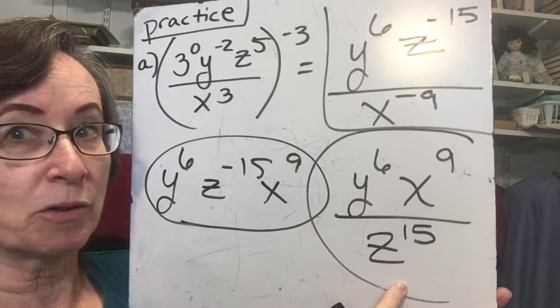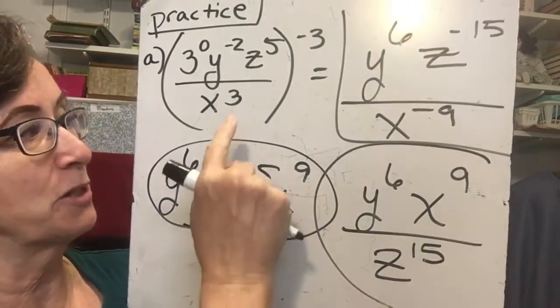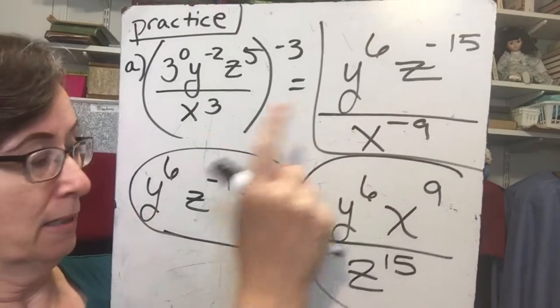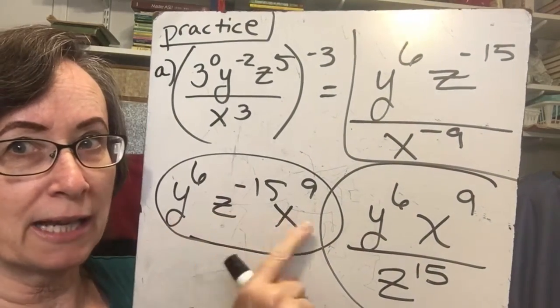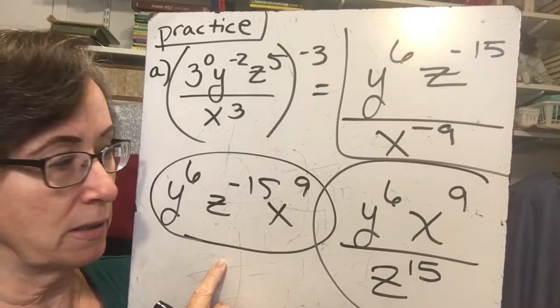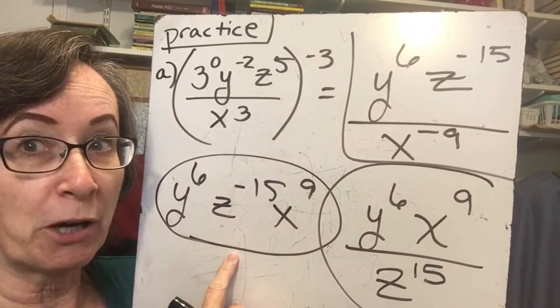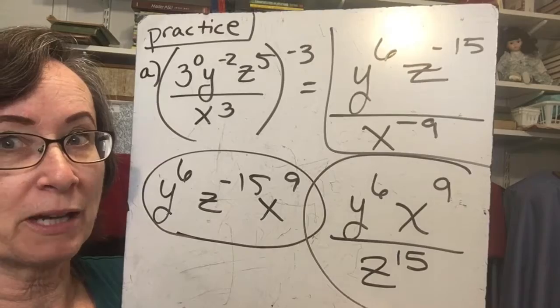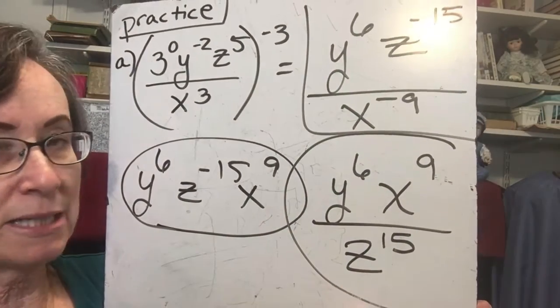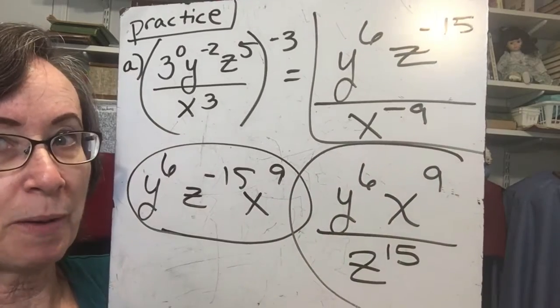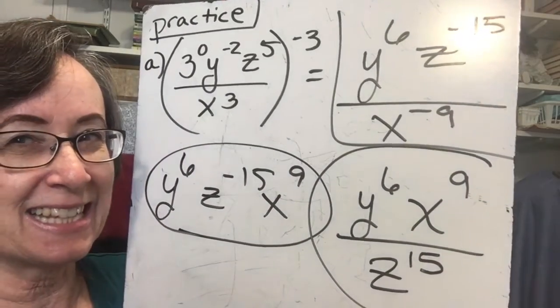This is the general rule. Okay, so this is the way your book probably left it. This is the way you could leave it if you're leaving all variables in the numerator. And this is the way you're going to see it most often on a test or in a textbook, because this is all positive exponents and that's the norm.